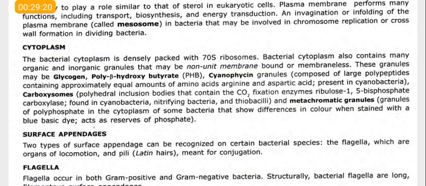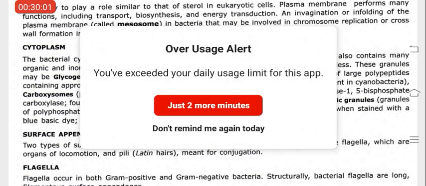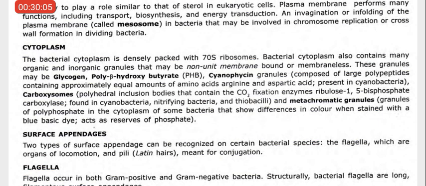These granules may be glycogen, poly-beta-hydroxybutyrate or PHB, cyanophycin granules composed of large polypeptides containing approximately equal amounts of the amino acids arginine and aspartic acid present in cyanobacteria, and carboxysomes, polyhedral inclusion bodies that contain CO2 fixation enzymes, ribulose 1,5-bisphosphate carboxylase, found in cyanobacteria, nitrifying bacteria and thiobacilli, and metachromatic granules of polyphosphate in the cytoplasm of some bacteria that show differences in color when stained with a blue basic dye and act as reserves of phosphate.